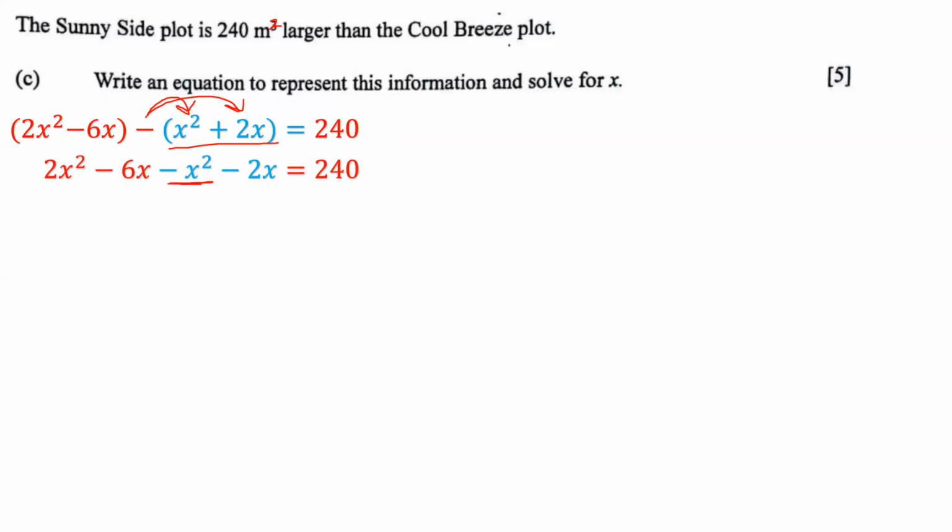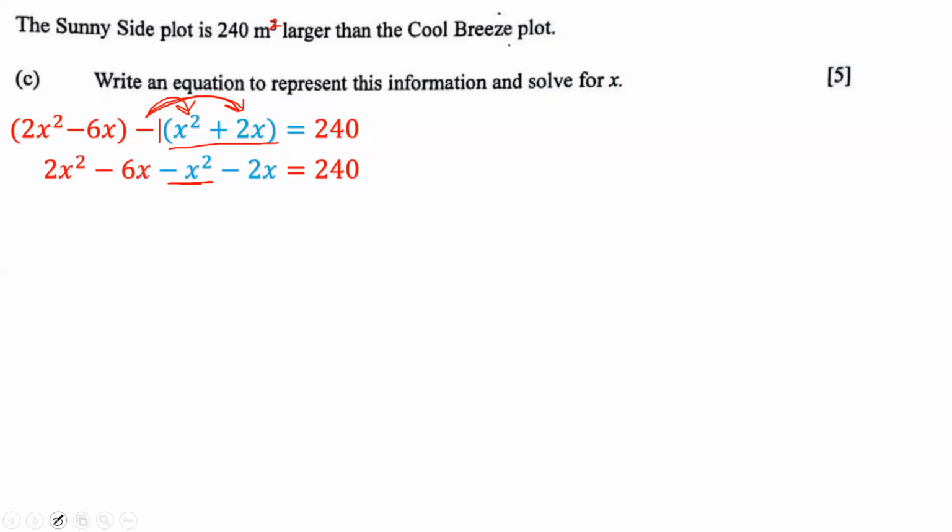And then we have negative multiplied by positive 2x. That's going to give us negative 2x. So basically, we can look at this as being negative 1. So negative 1 multiplied by x squared is negative x squared, and negative 1 multiplied by 2x is negative 2x. The 1 is there, we just don't put it.